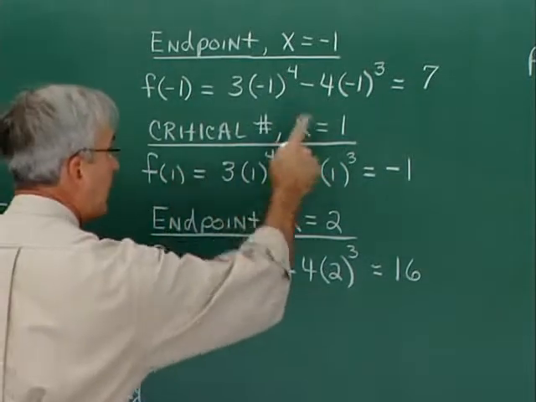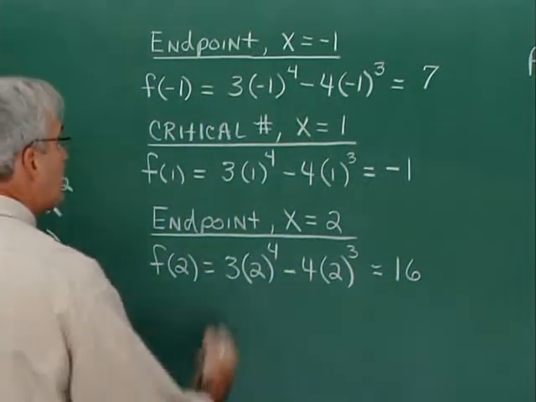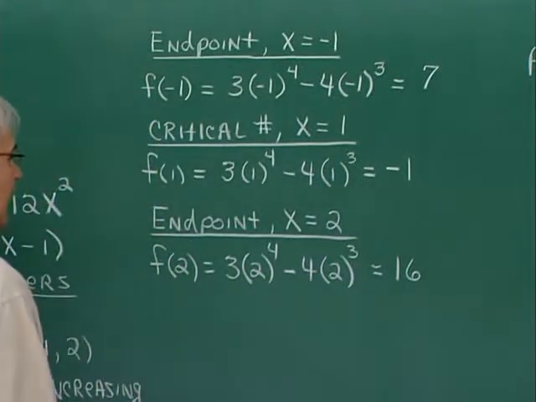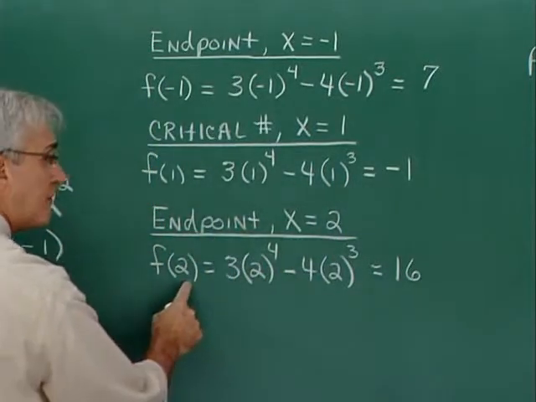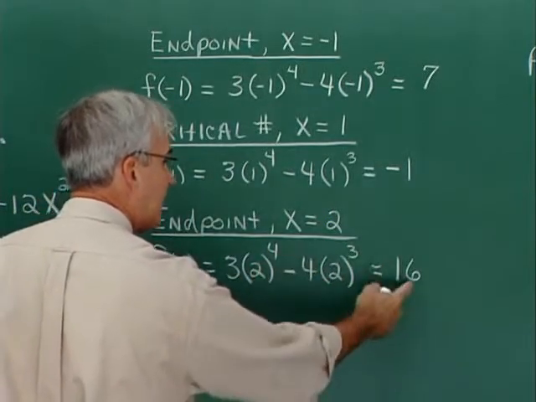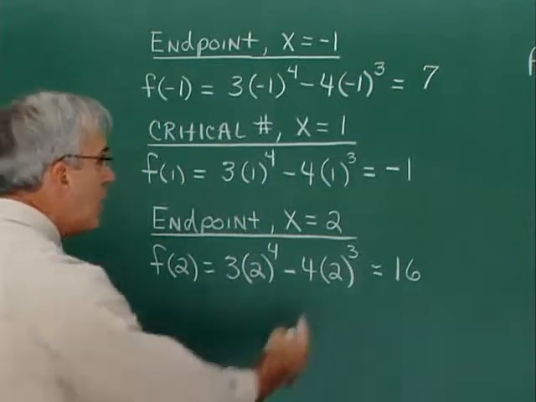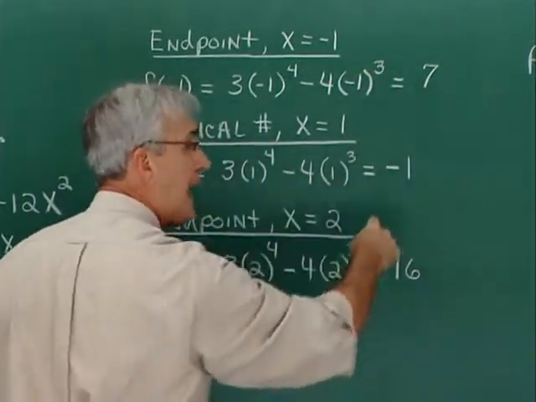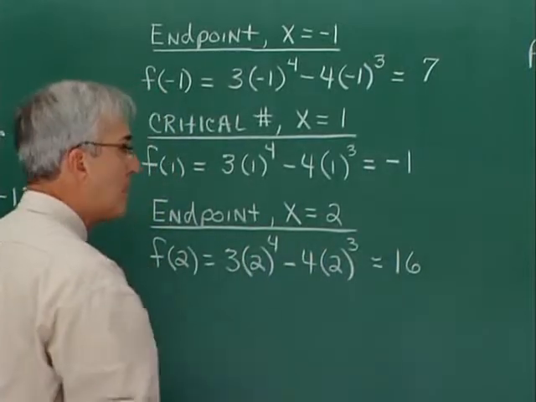And at that critical number x equals 1, replace x with 1 and evaluate, we find -1. And at the right endpoint, f of 2 is, let's see, replace x with 2, and we find the value to be 16. And now we're just looking at these values in order to identify absolute maximum or minimum points.